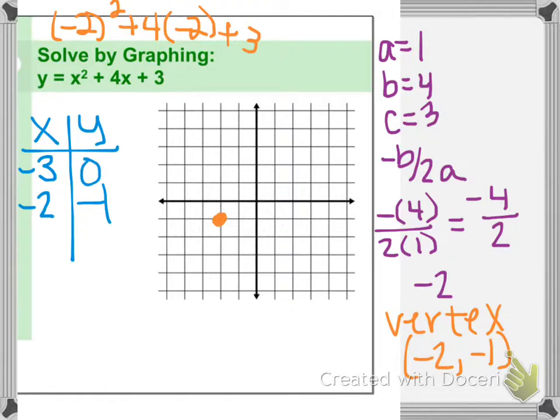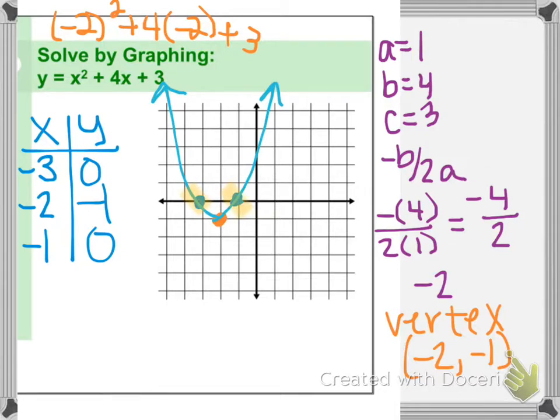So -3, 0 is a point on my graph. What comes after -2? -1 does. You plug that in, you also get 0. Remember, the goal of these graphs is to find where the parabola crosses the x-axis, and we have accomplished that by looking at this graph. We see exactly where it crosses, so I can connect my points and I can now answer my question.